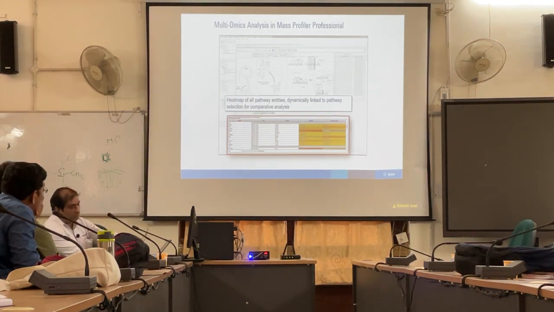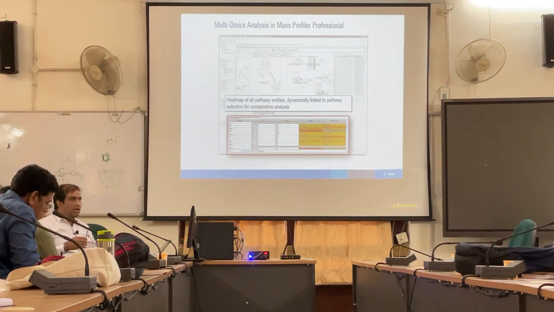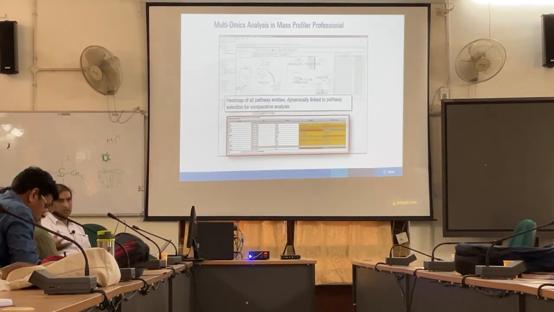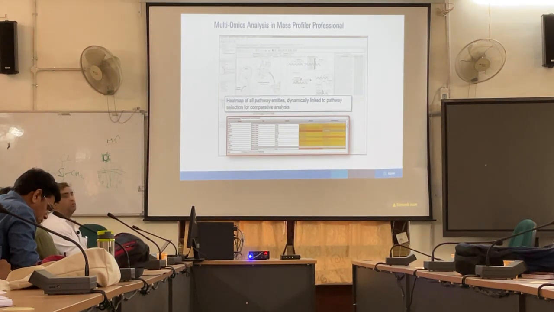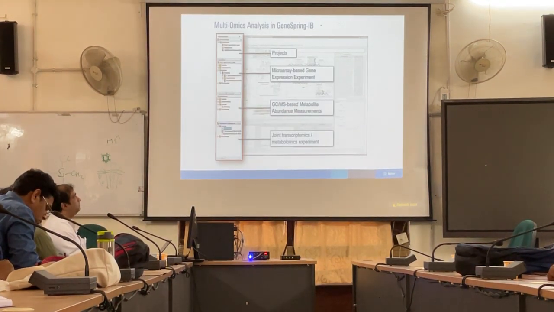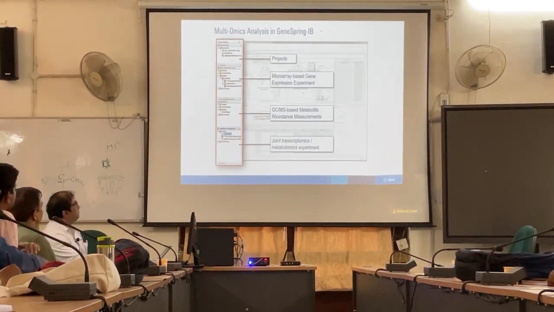Now, the problem is metabolomics is all about a large number of data, correct? How do you represent the data for publication? This is the tool which will help you. It is a data reduction tool without losing the essence of the data. Okay. So first and foremost, what will you do in this? You can use microarray based data.